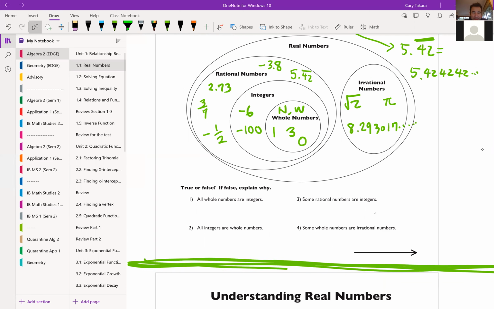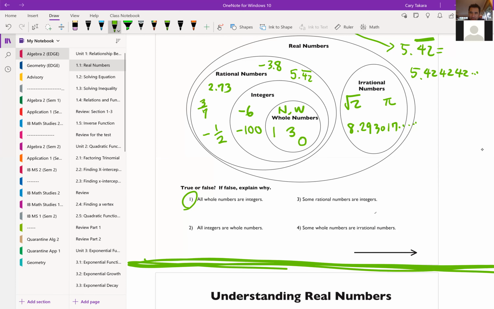First one. All whole numbers are integers. Is that true? What do you guys say? T or F, true or false? Yeah, would you agree with that? Very good. That's correct. It's a true. I mean, look at it.